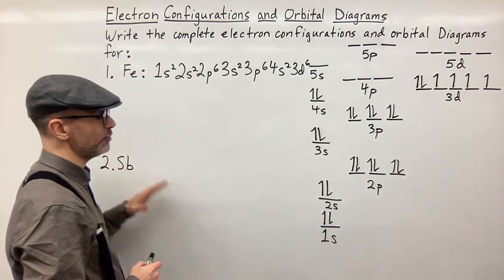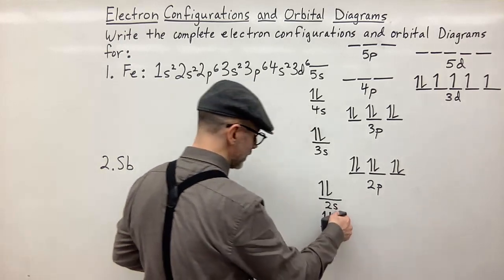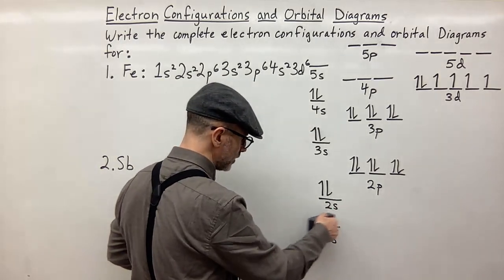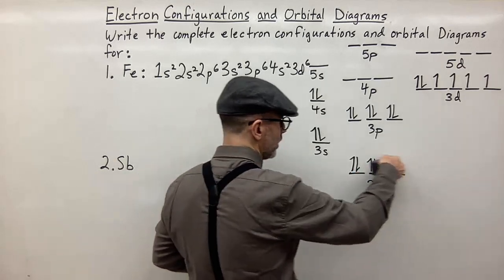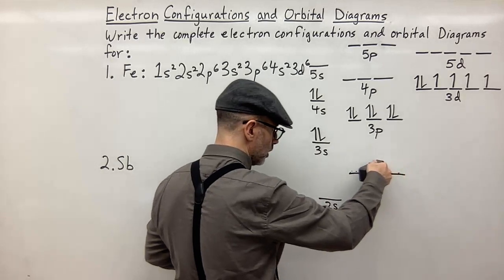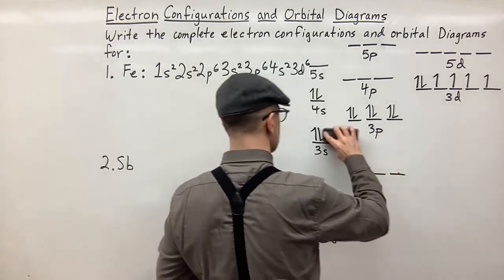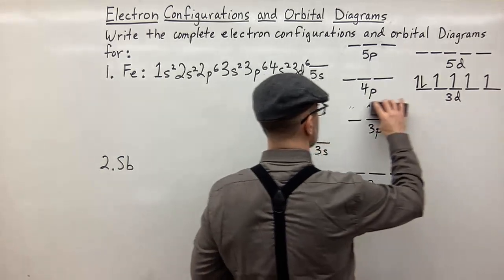So I'm going to have to write out the electron configuration for antimony. So I'm going to go ahead and erase this. I'm going to clear this for the next element, antimony. And here we go.